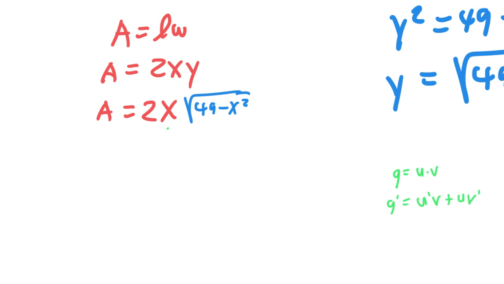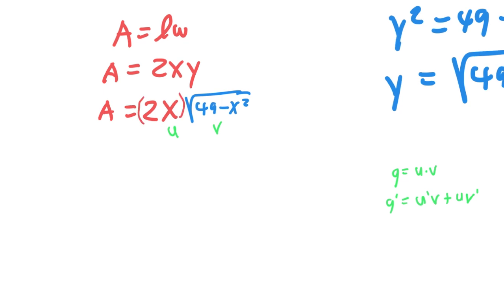And we know that the u is, we could say x, and we know that the v is the radical. And in fact, let's call the u 2x. We'll group this. We'll call the u 2x.